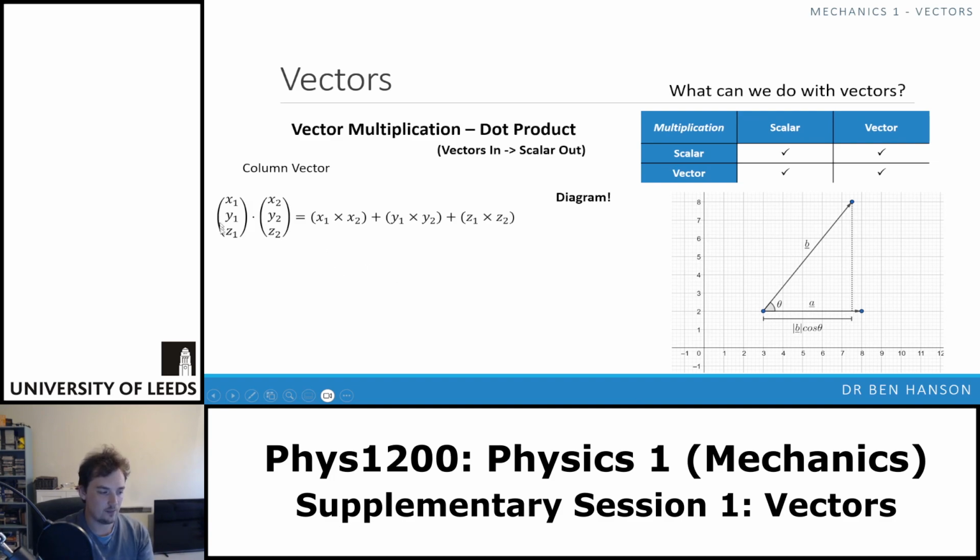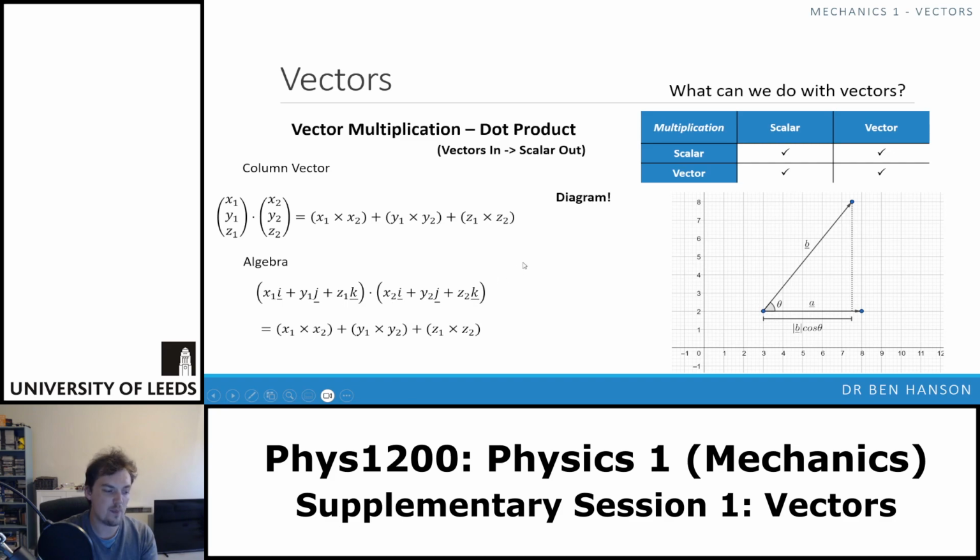As a column vector, we can find that (x1, y1, z1) dot (x2, y2, z2) is equal to x1 times x2 plus y1 times y2 plus z1 times z2. Algebraically, we might be able to see why that is.